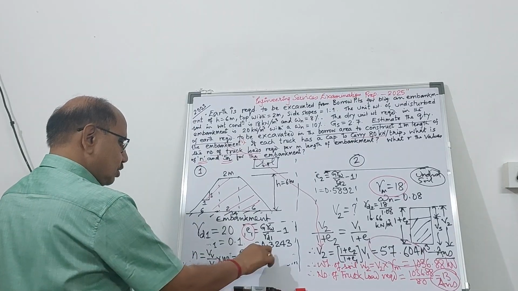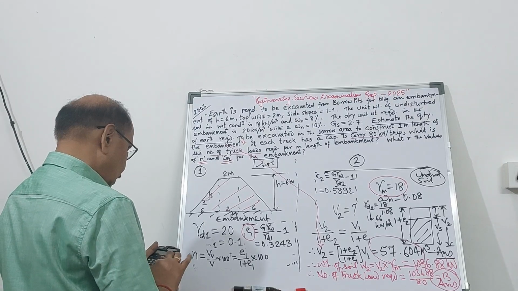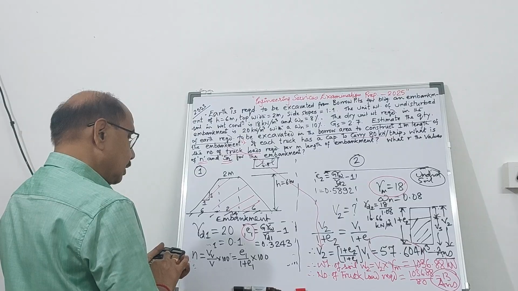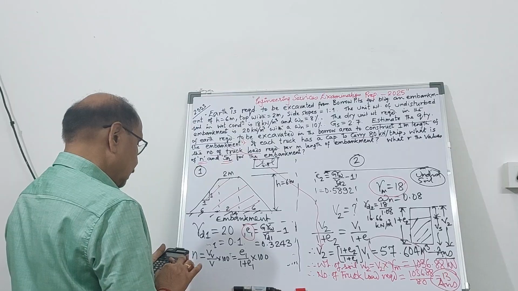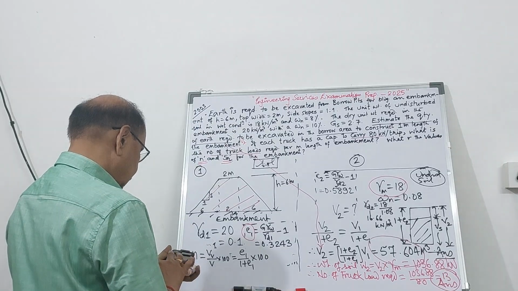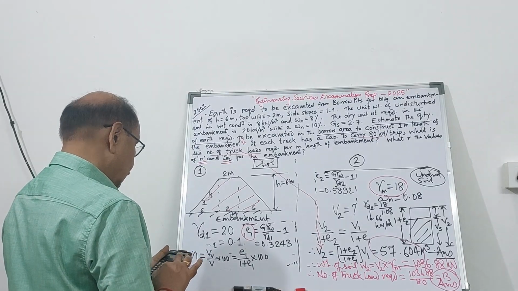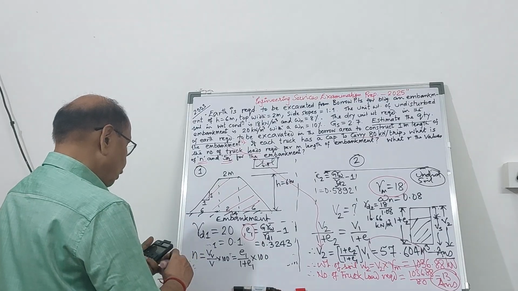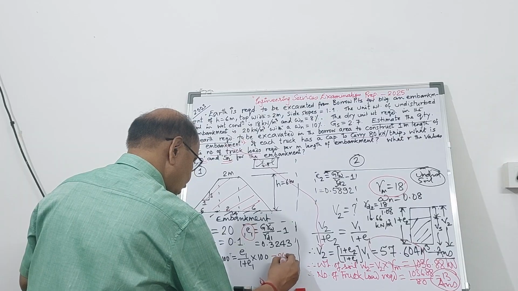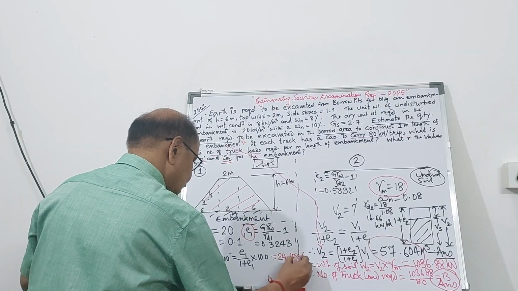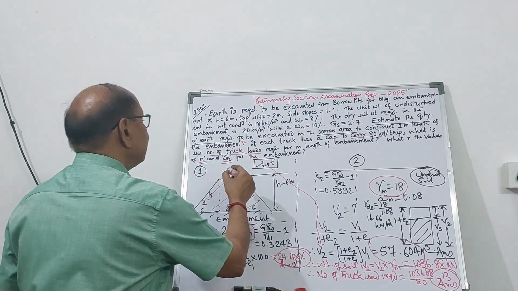So 0.3243 divided by 1.3243 gives 24.48%. This is the answer for the porosity.